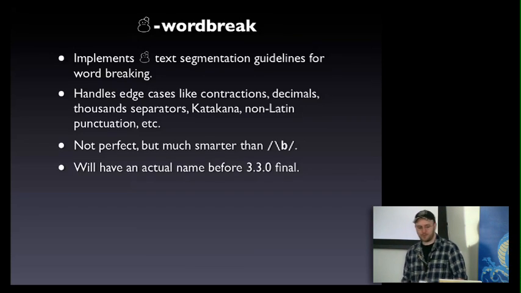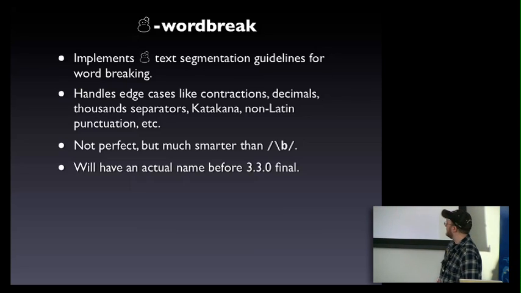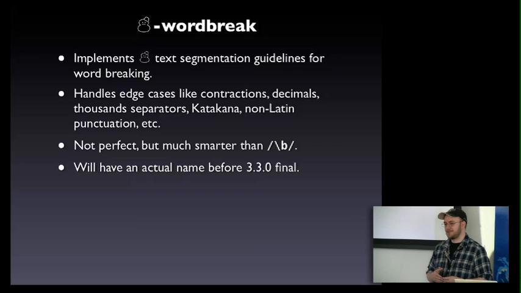So there's also a Unicode word break module. And this implements Unicode text segmentation guidelines for finding word breaks in strings. This is actually really, really complex, especially if you're dealing with languages beyond just English.